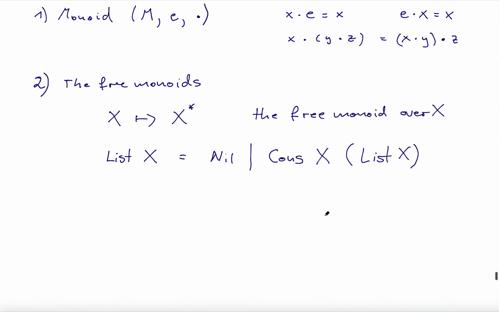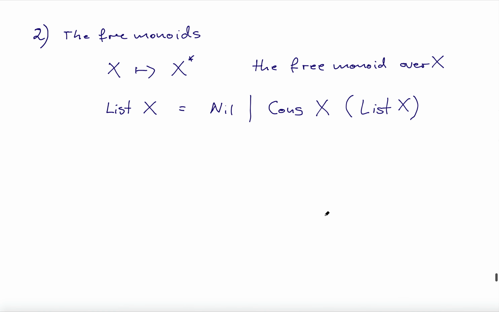Okay, so free monoids. And then we also said free monoids have a certain structure. I will repeat what this structure is because this is exactly what will make up the definition of a monad. We will have two operations called eta and mu traditionally.